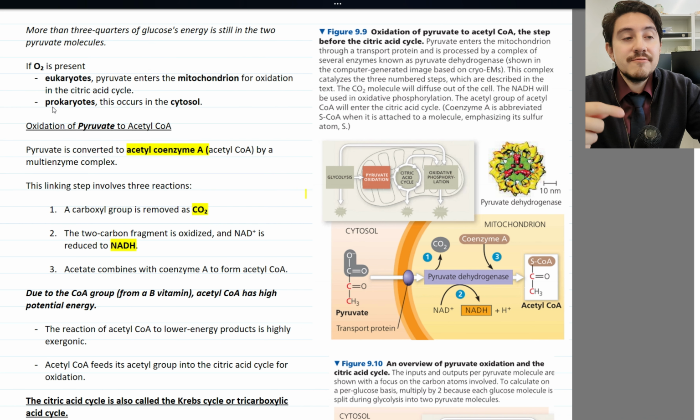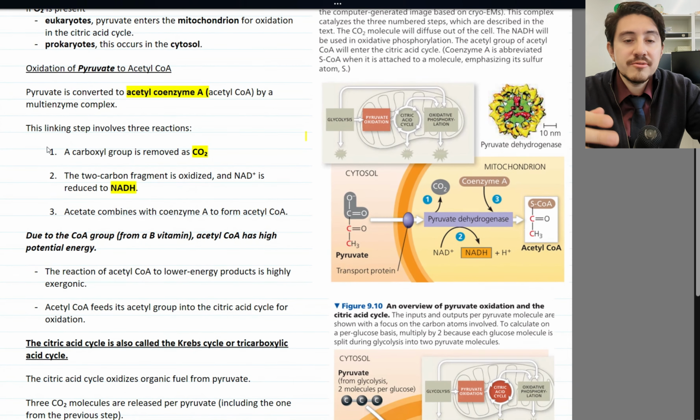Again, if oxygen is present and you're a eukaryote, the pyruvate will go into the mitochondria for oxidation in the citric acid cycle. But if you're a prokaryote, this will be happening in the cytosol. There are no organelles. But we're going to be focusing primarily on eukaryotic systems.